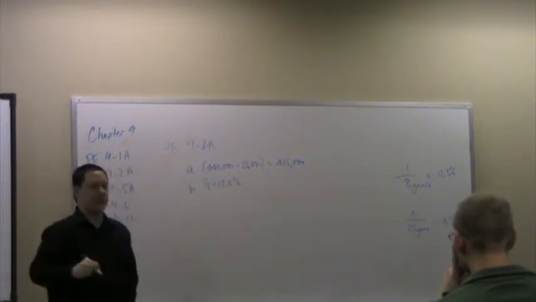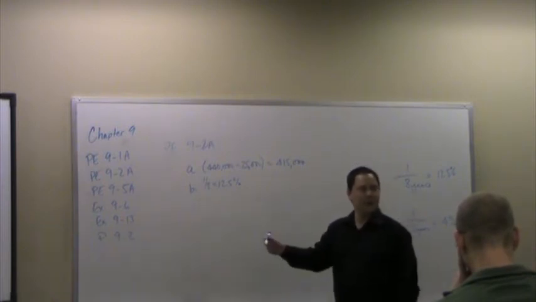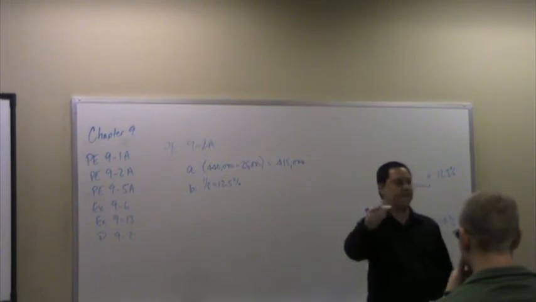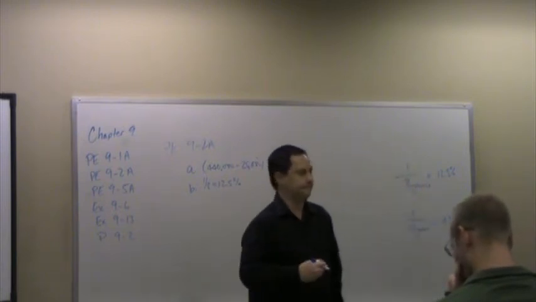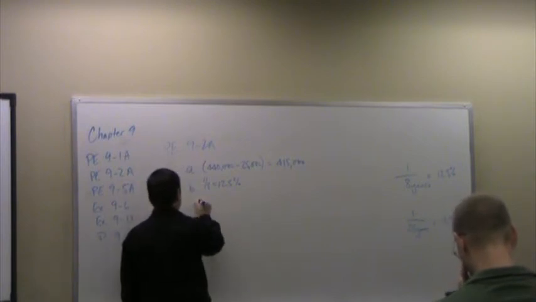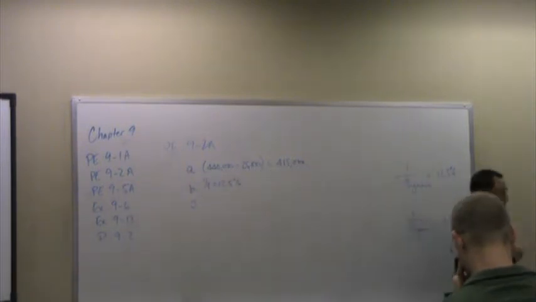So 12.5% each year. Now if I was doing double declining method, I would then double that, right? Make it 25%. And that's what we would do each time. So questions on how I got that answer?